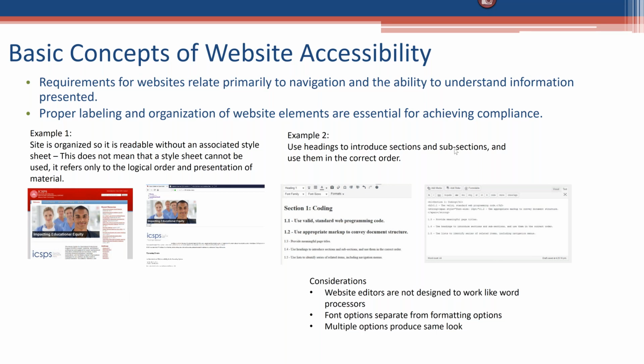So for example 2, we're going to discuss text a little bit. Recommendations are to use headings to introduce sections and subsections and use them in the correct order. I didn't have a really great example of this in terms of a common website most people would use.